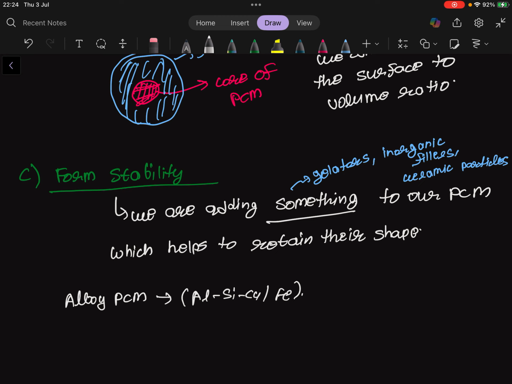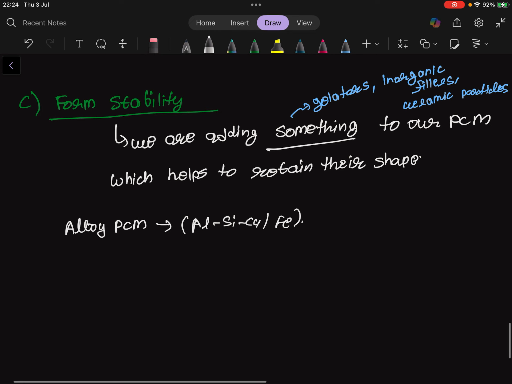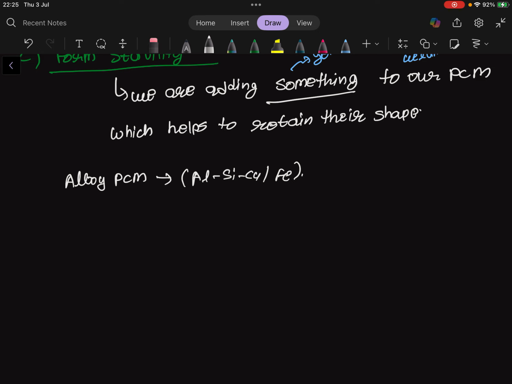So when we have melting of the alloy PCM, we have interaction between the liquid alloy and iron, and we end up with thickening of the iron layer, and we can change the composition of the aluminum, silicon, copper alloy. What does the change in composition imply? By changing the composition, we change properties: we change the melting temperature and enthalpy of fusion. So this is basically a problem we are going to face when we have an interaction of the PCM with our shell.